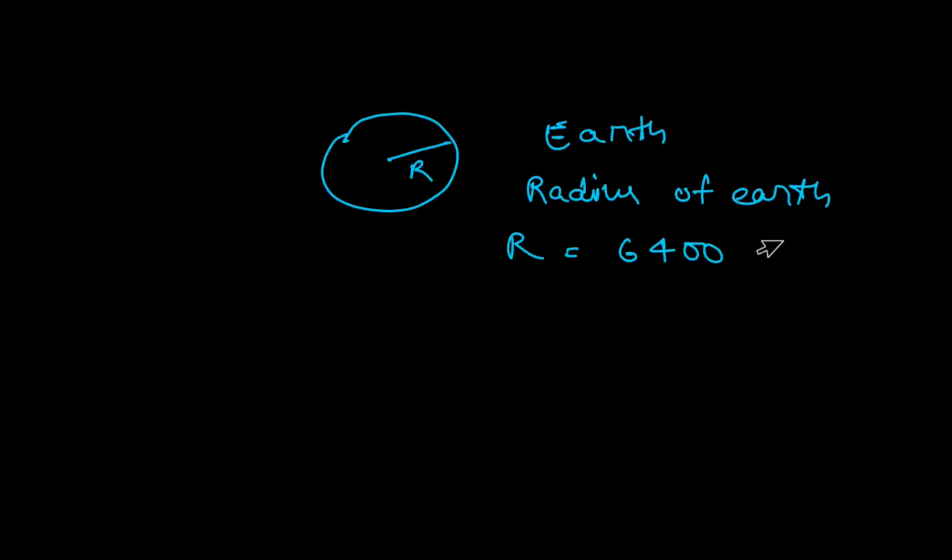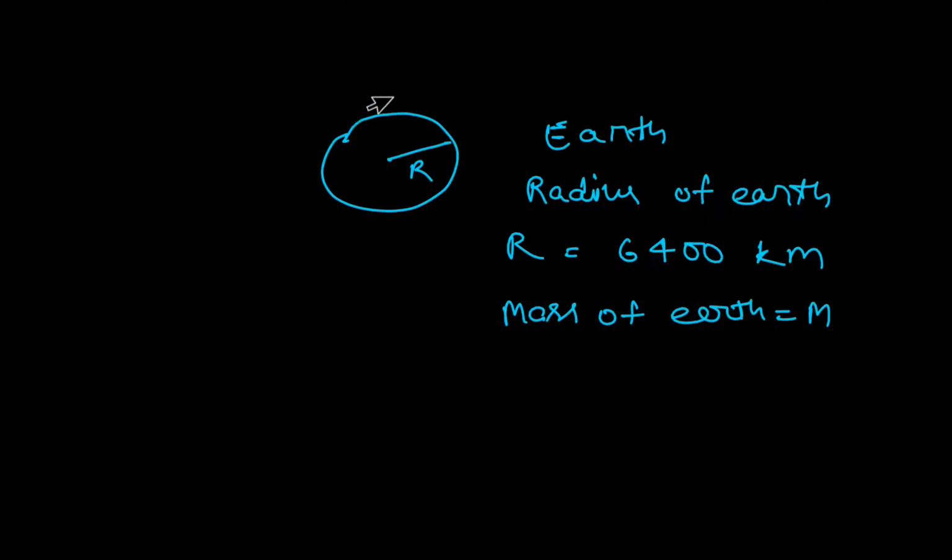Now, Earth is a body with, say, radius r. The radius of Earth is r, which is roughly about 6,400 kilometers, and let's say the mass of Earth is M. Then, in accordance with Newton's gravitational law, the Earth will attract every body towards its center.